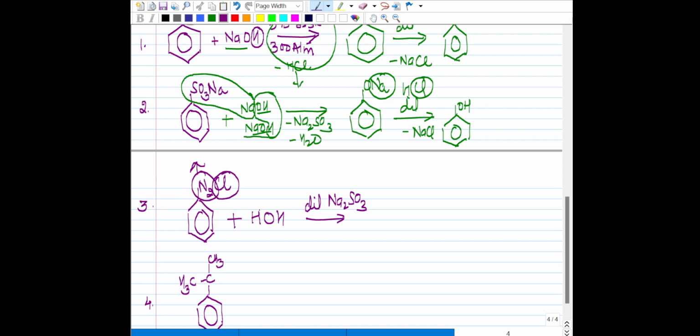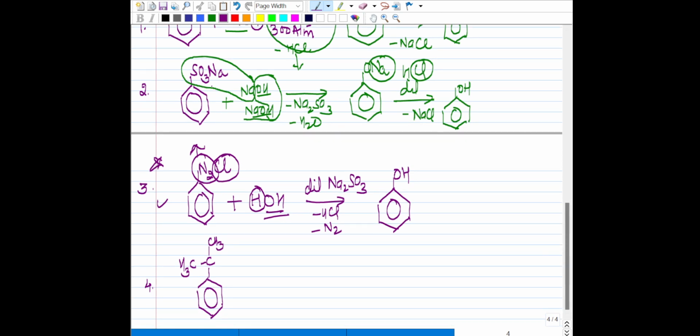The chlorine combines with hydrogen to form HCl, right? And what are you left with? OH. So the product is phenol. Children, benzene diazonium salts are very important. Like Grignard reagent, you can prepare aromatic compounds using benzene diazonium salts. So this is again one of the important reactions.